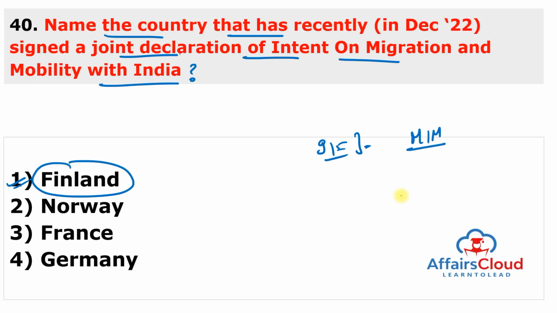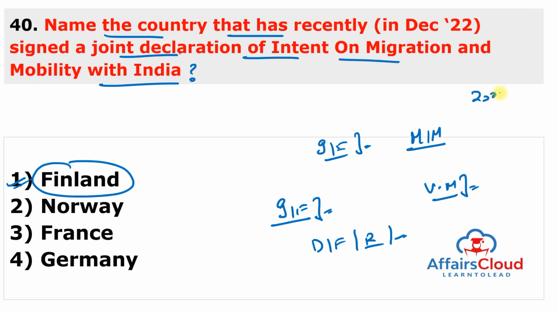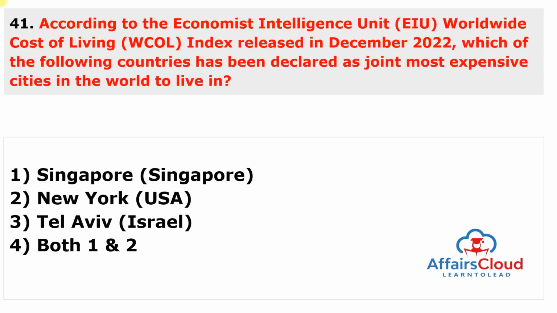So a joint declaration was signed by Union Minister of State V. Muraleedharanji under the Ministry of External Affairs, Government of India with the Finland Minister of Employment. India and Finland have warm and friendly relations based on common values such as democracy, freedom, rule of law and respect for human rights. And in the year of 2022, Prime Minister Narendra Modi met with the Finland Prime Minister Sanna Marin on the margins of the second India-Nordic Summit in Copenhagen, Denmark. Moving to next question.